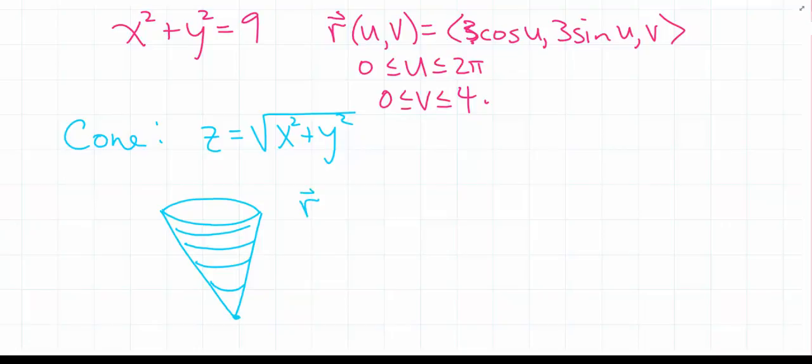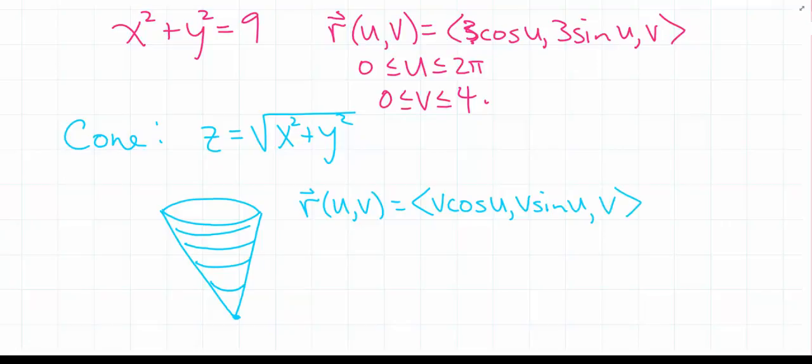So we might say this is (u, v), but now the radius is not constant. The radius is changing, and it's changing as the height changes. So we might say this is v cosine u, v sine u, and then v.